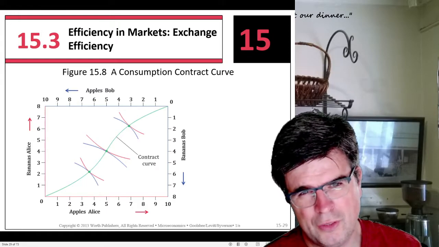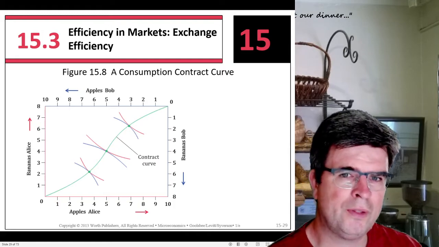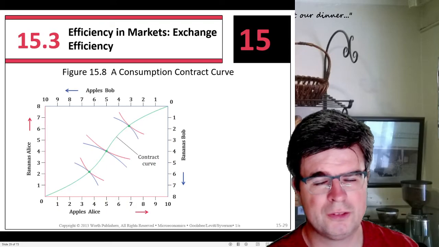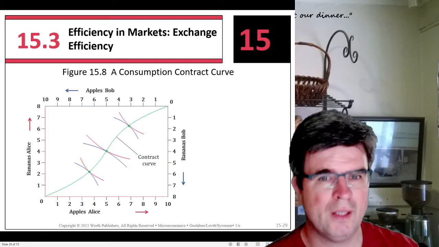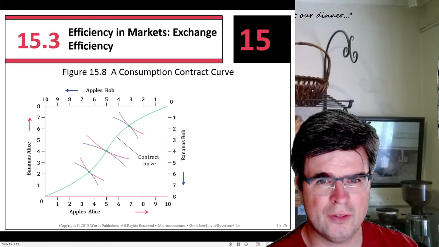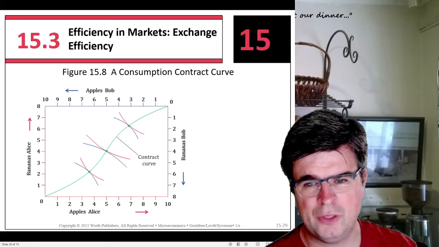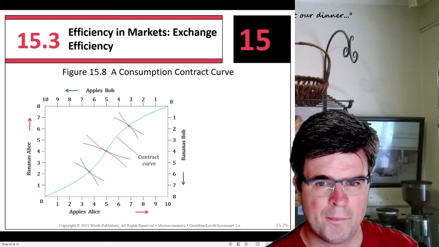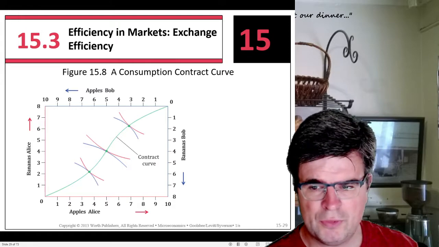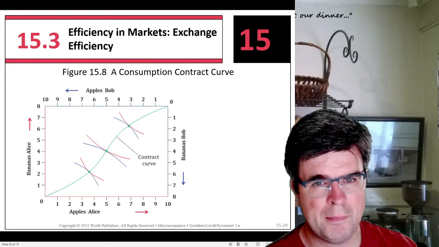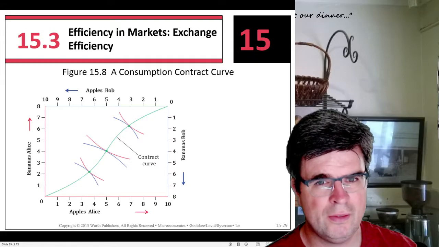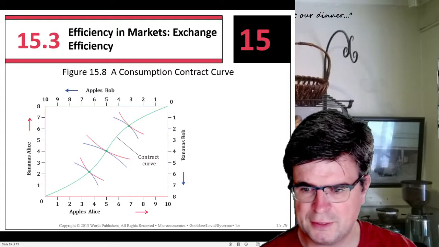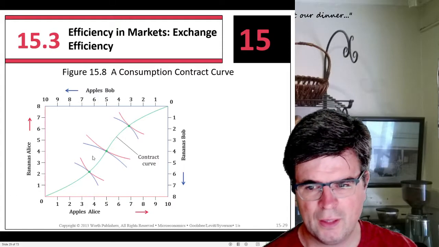They're all Pareto efficient, so this is also why I call the concept of Pareto efficiency a rather weak concept, because it gives us many efficient outcomes, and it doesn't allow us to distinguish which of these efficient outcomes is better or worse.